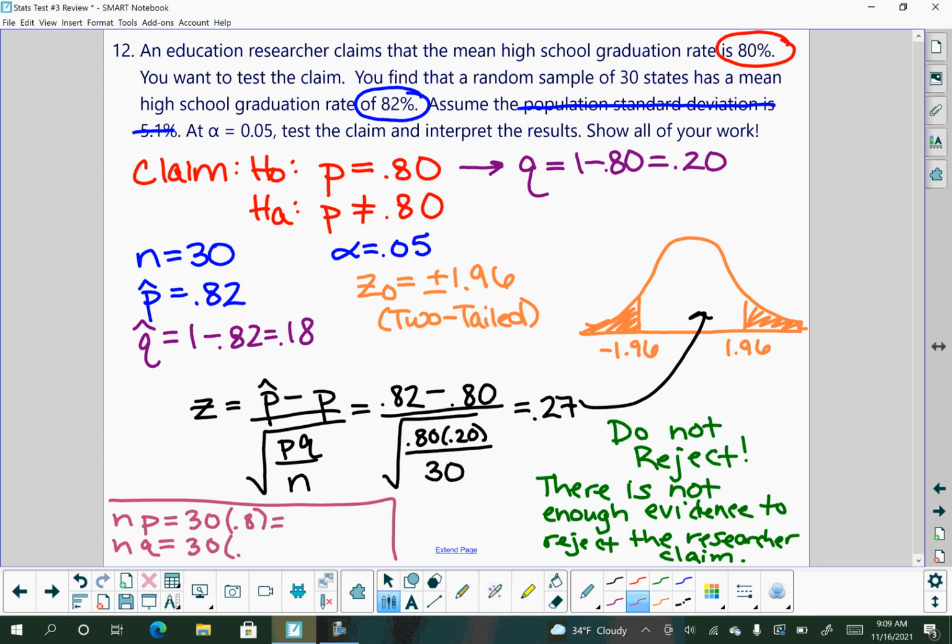N times Q, which was 0.2, 30 times 0.8 gives me 24, 30 times 0.2 gives me 6. Both of those are greater than or equal to 5, so it checks. If you did not have a value greater than or equal to 5, you would not be able to run your hypothesis test. So always a good thing to check, especially at the beginning maybe, so you don't do all that extra work, but it worked out for us this time, so we are good to go.